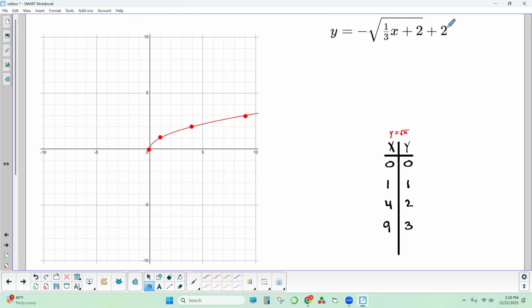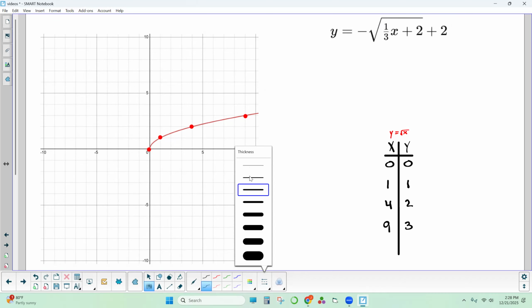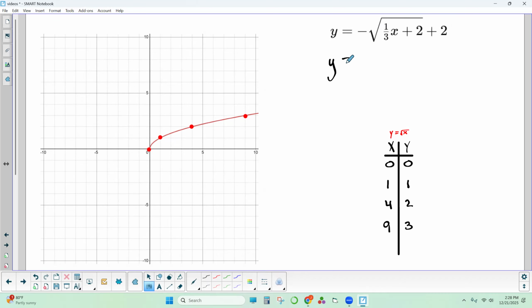And as you can see, we do need to factor under the radical here because we've got two terms. So we've got to factor out that leading coefficient, that 1/3. So I'm going to go ahead and do that. Factor out the 1/3. What times 1/3 will give me a positive 2? That would be a 6. You always want to verify that by distributing 1/3 back and verifying that yes, this is 1/3 x plus 2.